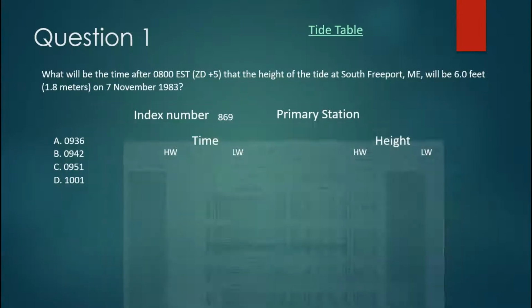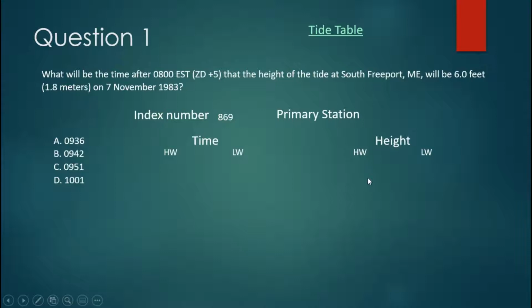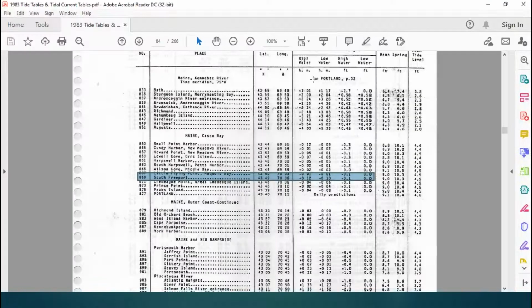Let's put that on our scratch paper. And we'll go back to the tide table and get our primary station, which is Portland. It starts on page 32.